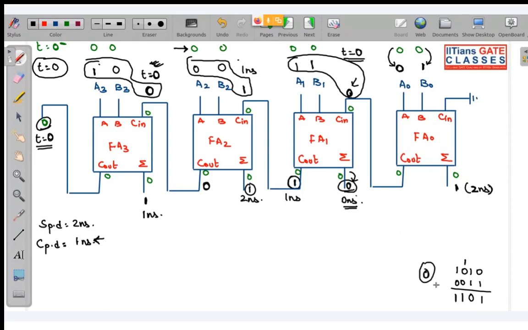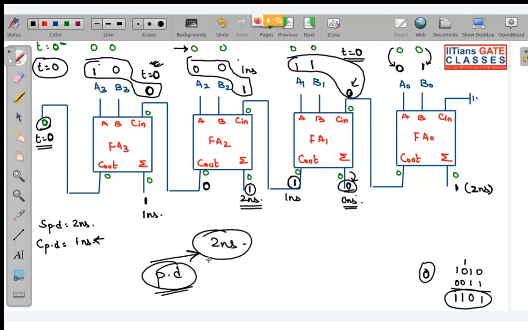So for producing this set of output, what is the propagation delay over here? So you can see the maximum time I am taking is 2 nanosecond. So for this particular question, propagation delay will be 2 nanosecond.